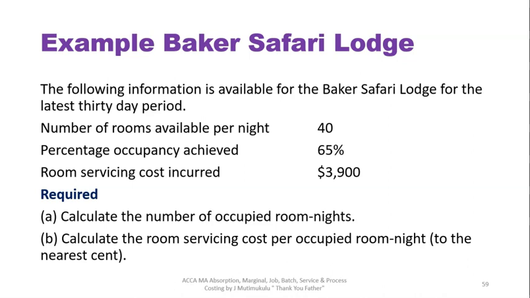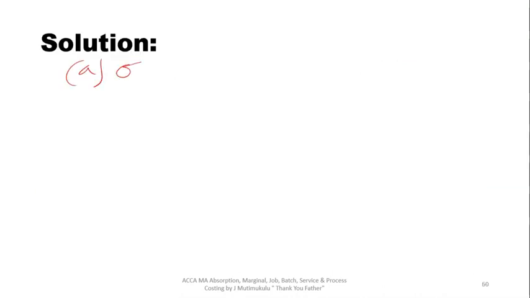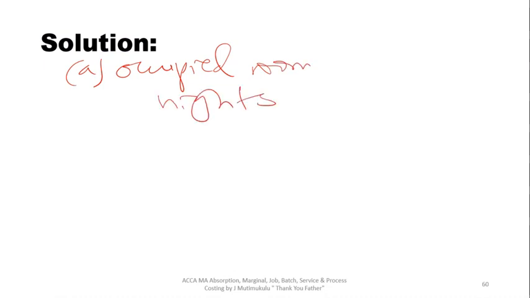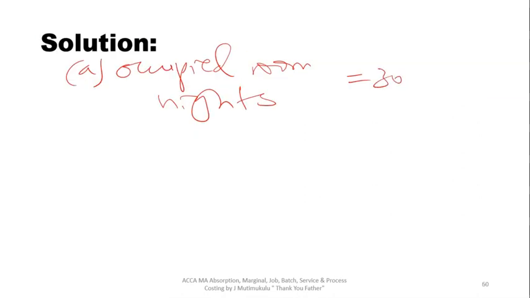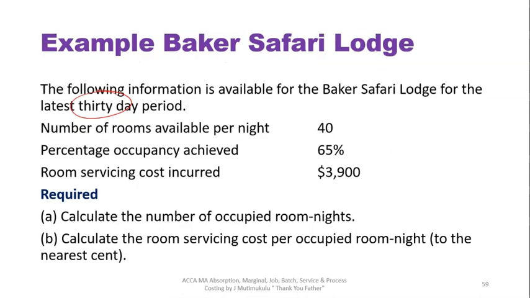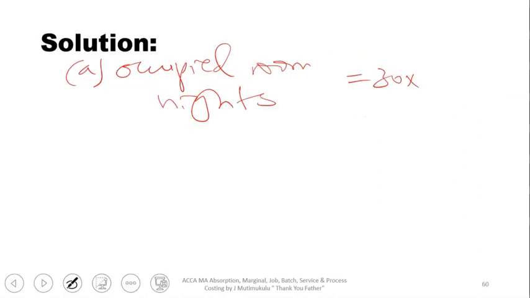So the number of occupied room nights is actually going to be a composite. That's a composite cost unit. So we simply have to say, part A, occupied room nights, that's equal to, how many days are we talking about? It was a 30-day period, so that's 30 days multiplied by number of rooms available, 40.